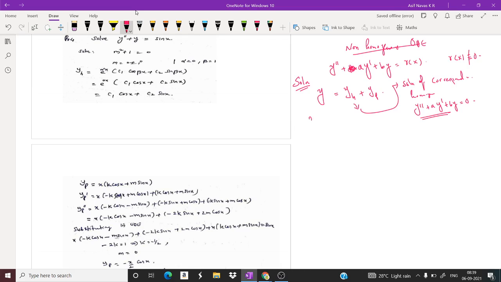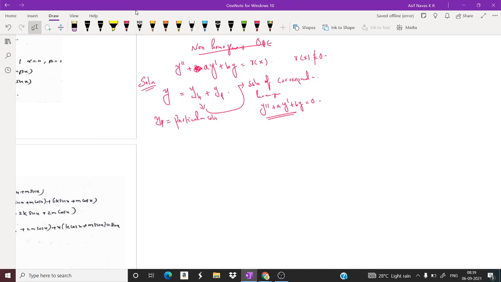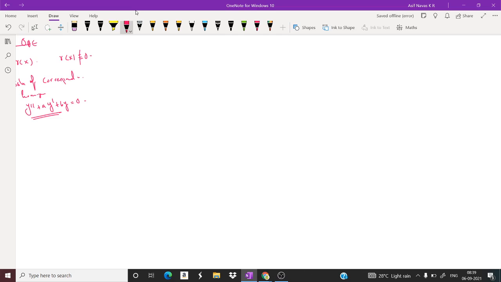And yp is called the particular integral or particular solution, and we find it using the method of undetermined coefficients. So how do we find yp? This is a widely used method, applicable when our R of x is in a certain form.